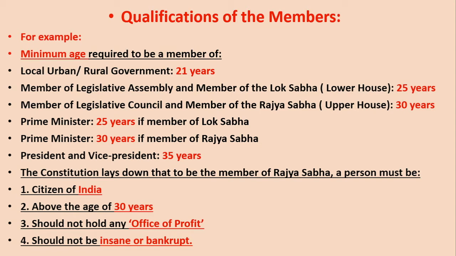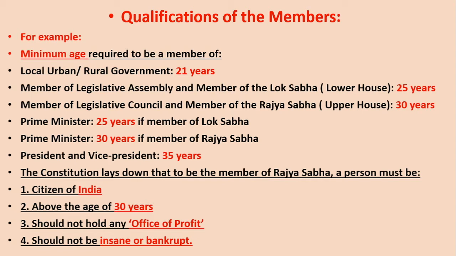So the constitution lays down that to be a member of Rajya Sabha, a person should be first of all a citizen of India, and secondly above the age of 30 years. Then he should not hold any office of profit. Office of profit, I have discussed in detail this key term with you in the last lecture also, that is having a government job.